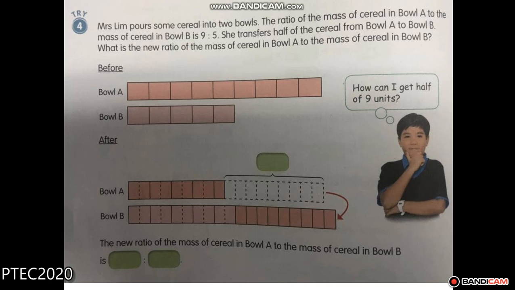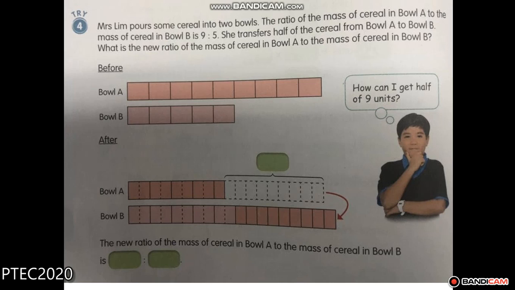However, you only know the ratio of the mass of the cereal in each bowl. It means that the ratio of the mass of cereal in bowl A to bowl B is 9 to 5.